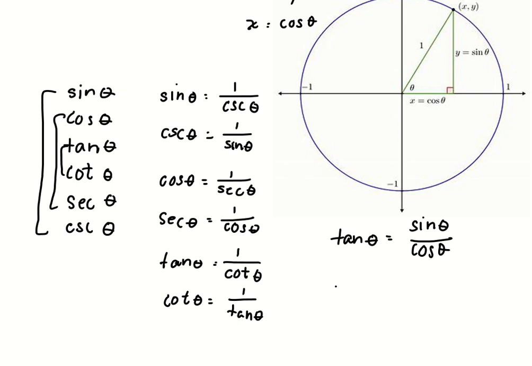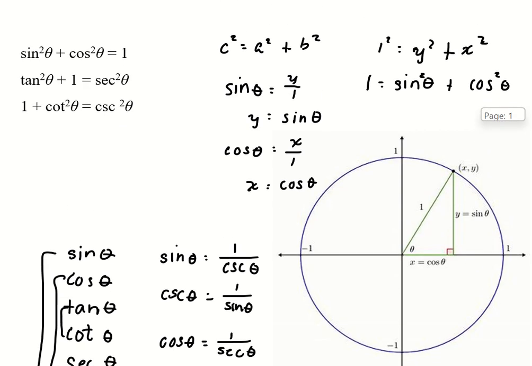which means cotangent theta, since cotangent is the reciprocal of tangent theta, is equal to cosine theta divided by sine theta. Now we all know these identities.